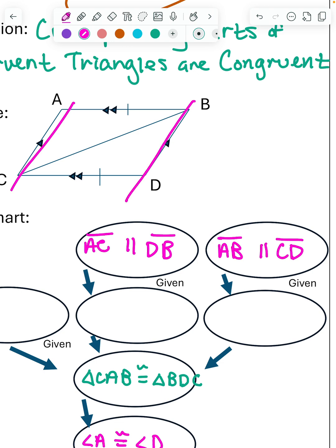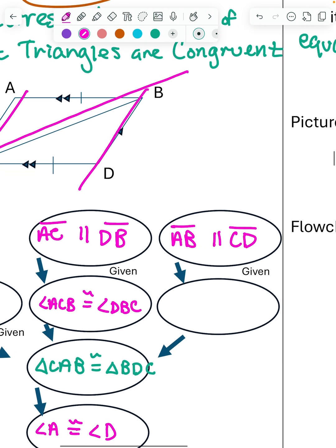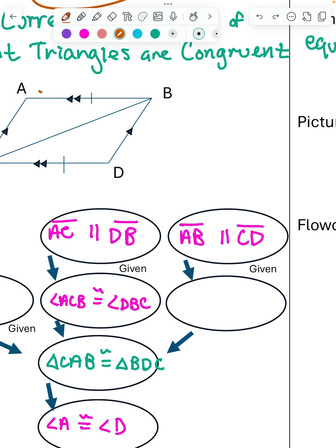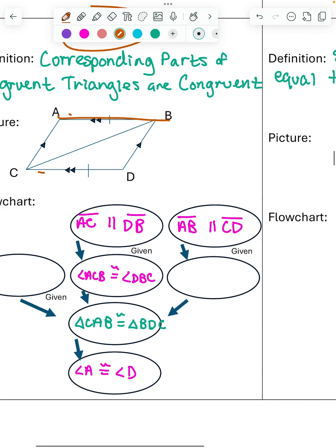So with AC and BD, we could say that angle ACB is congruent to angle DBC. And with AB being parallel to CD, we could then say that angle ABC is congruent to angle DCB, if I did that correctly.